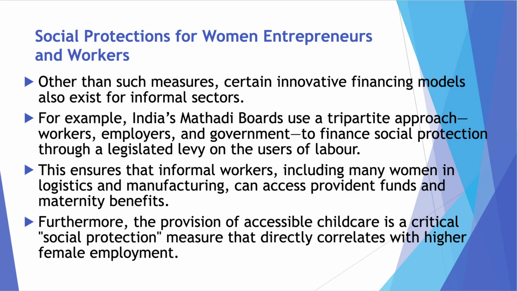So this ensures that informal workers, including many women in logistics and manufacturing sectors, can access provident funds and maternity benefits. Furthermore, the provision of accessible childcare is a critical social protection measure that directly correlates with higher female employment.